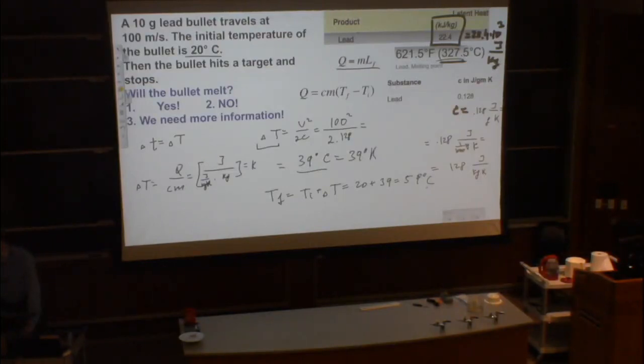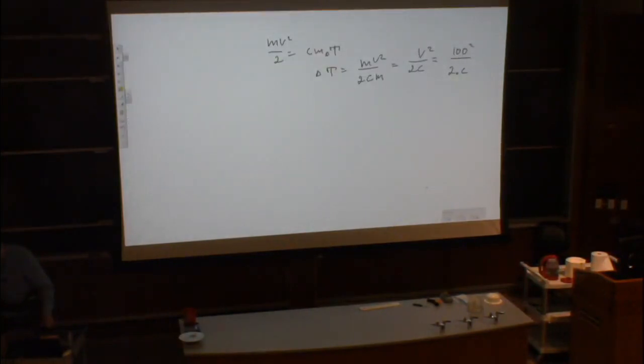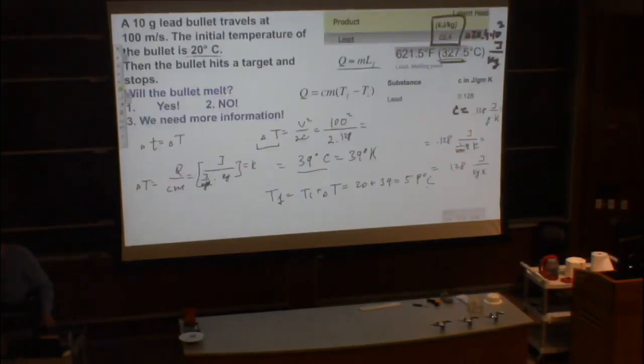Delta T equals V squared over 2C. In this situation, if you work out those units, first you have to make a joule in some way, because C has a joule in it, and joule also has units.